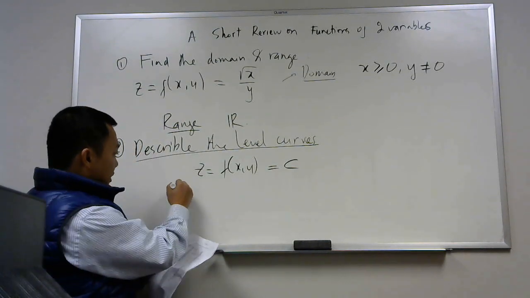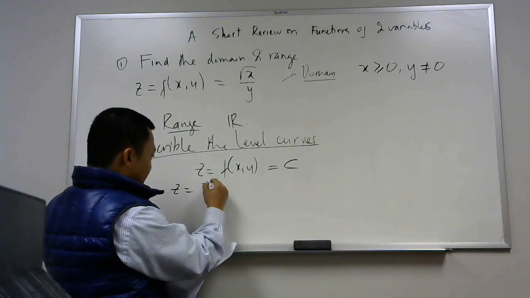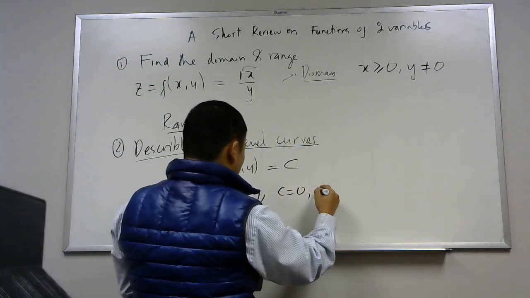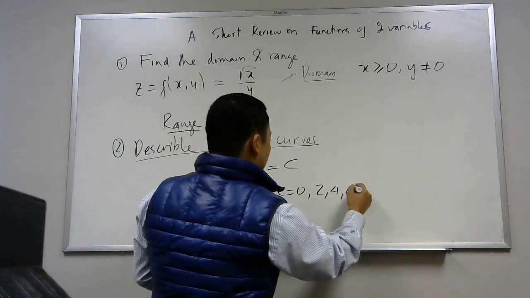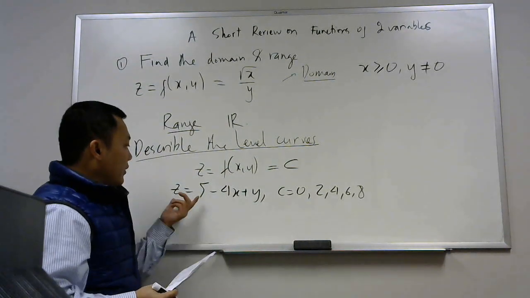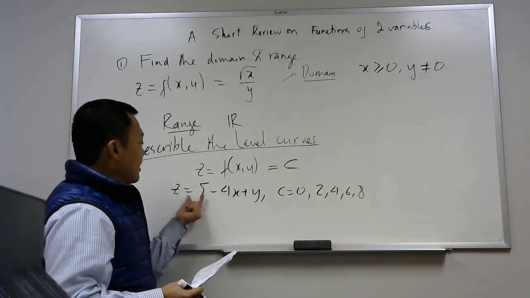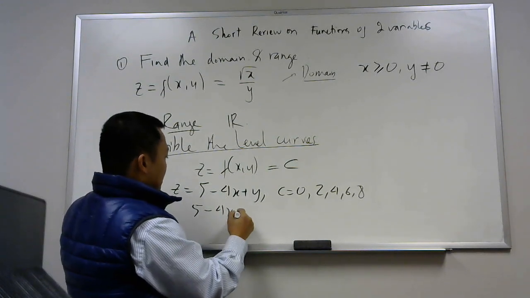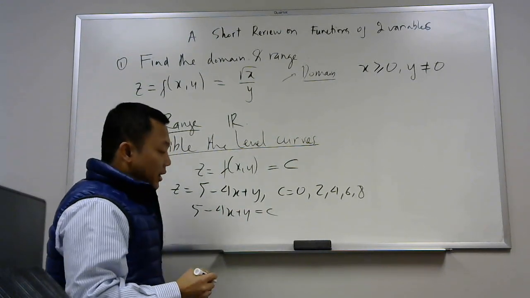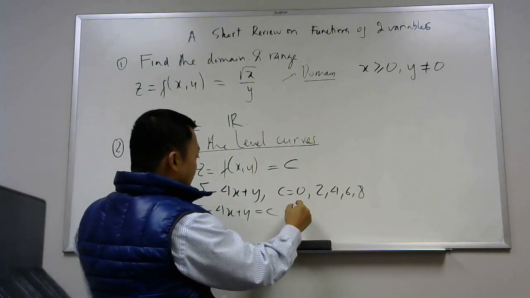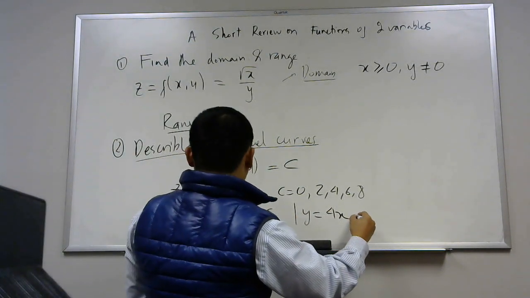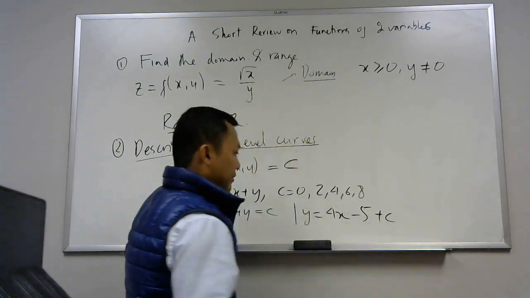Your function is z equal to 5 minus 4x plus y, and c is 0, 2, 4, 6, and 8. That means if you put this part equal to c, you have 5 minus 4x plus y equal to c. You can see that y is equal to 4x minus 5 plus c.